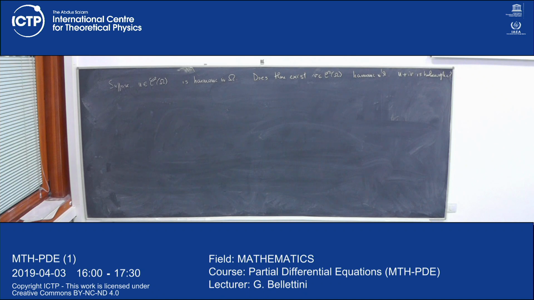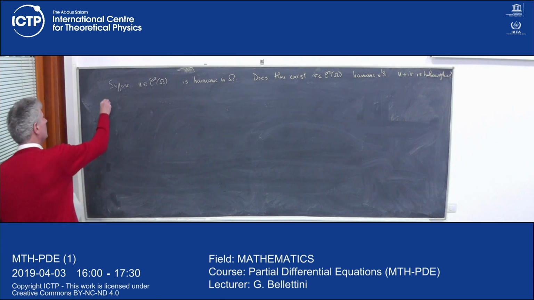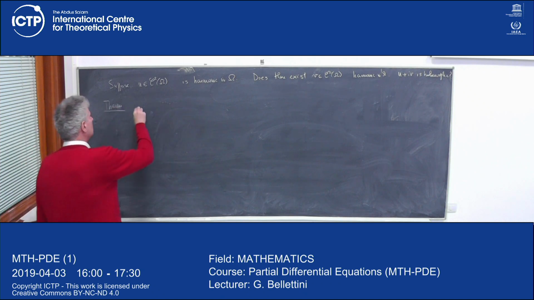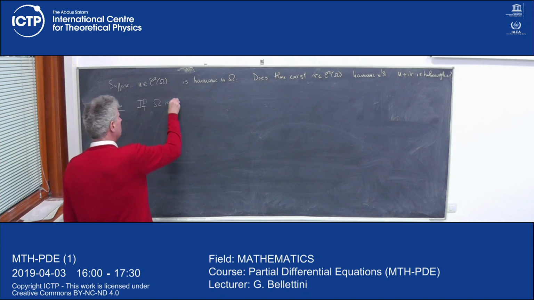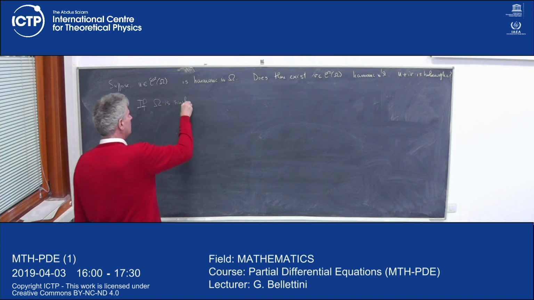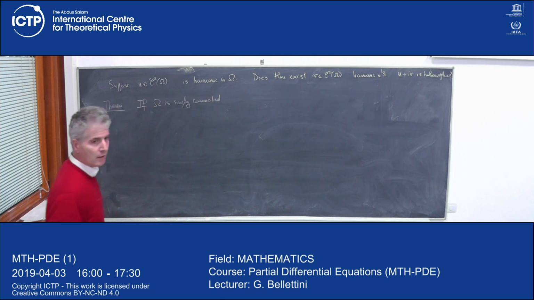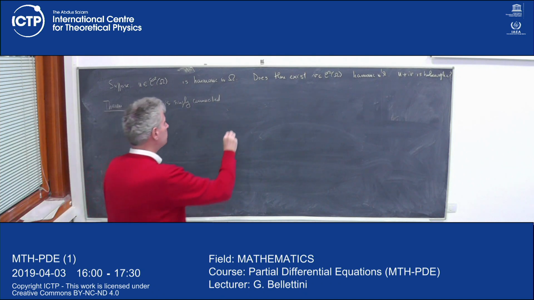Maybe it's better to recall the theorem. If omega is simply connected, such a v exists.